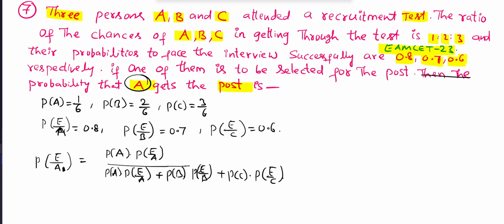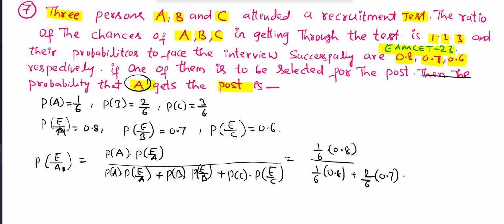So substituting all these values in this, P of A is 1 by 6, P of E by A is 0.8, so 1 by 6 into 0.8 plus 2 by 6 into 0.7 plus 3 by 6 into 0.6. So take 6 LCM, that is LCM cancelled, that is equal to 0.8 by 0.8 plus 2 into 0.7, that is 1.4, plus 3 into 0.6, that is 1.8.